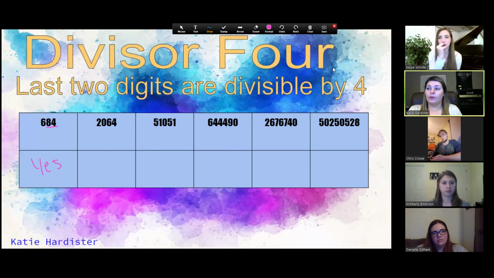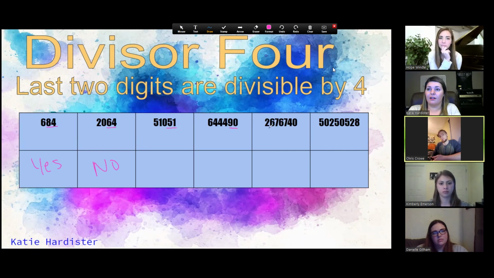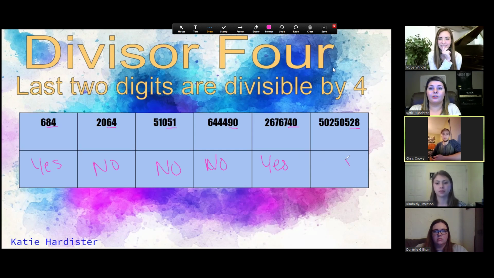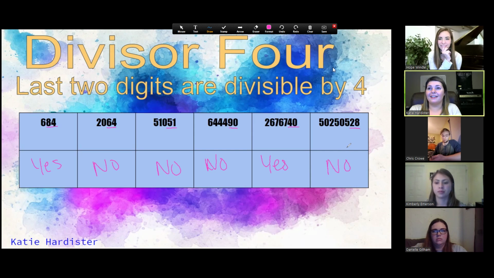But 64 would not be divisible by 4, so we'll put no. Each time, just remember that we're looking at these last 2 digits. So 51 would be no. 90 would be no. 40 would be, of course, yes. And then 28 would not be. And that is how we would go through that.